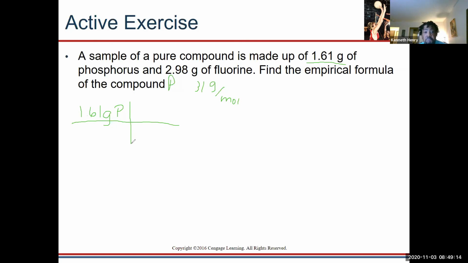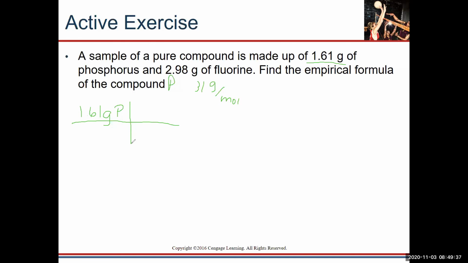Okay, and now we use the molar mass. So I want number of moles. That's my goal, to get the number of moles, because I can use the number of moles to compare them. So how would I calculate the number of moles? Divide it by the grams per mole.